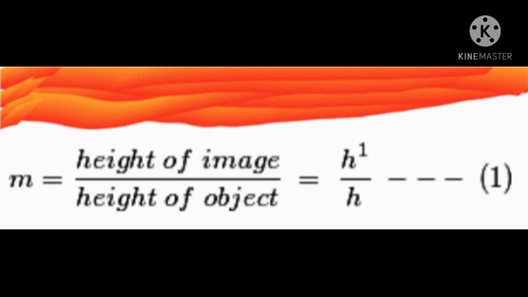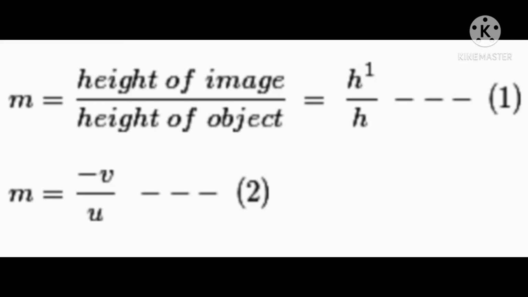Now next, the magnification m is also related to the object distance u and image distance v, and it can be expressed as magnification m is equal to, we know, h dash divided by h. Now this we can write in terms of object distance and image distance, so we get minus v by u, and give this as equation number 2.